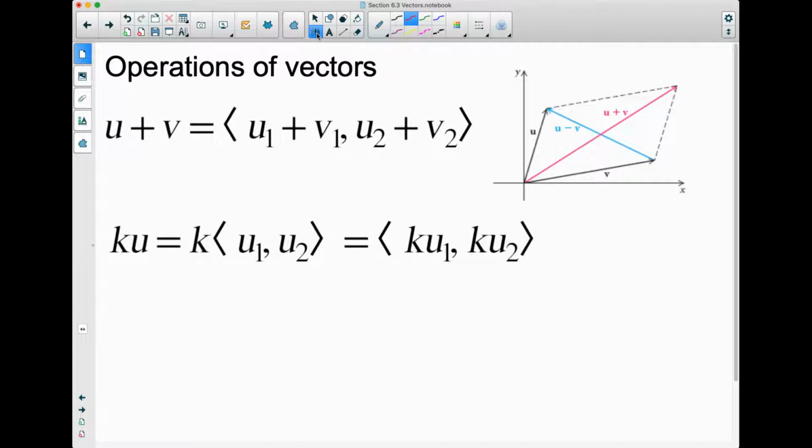All right, so to add vectors, it's as simple as it sounds. We add the first part of each component together and then the second part of each component together, okay? Now, the next one that's down below, K would be a scalar. If you remember scalars from matrix stuff, if you have a number outside of a matrix, you just multiply it all the way through.